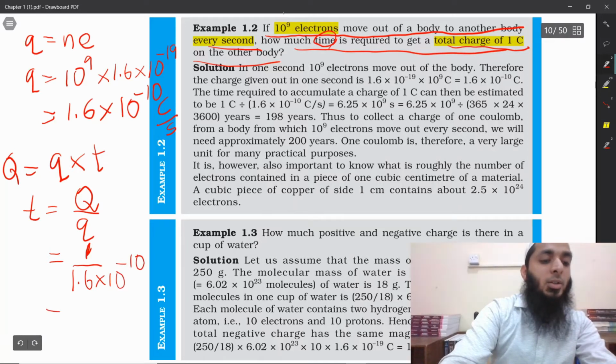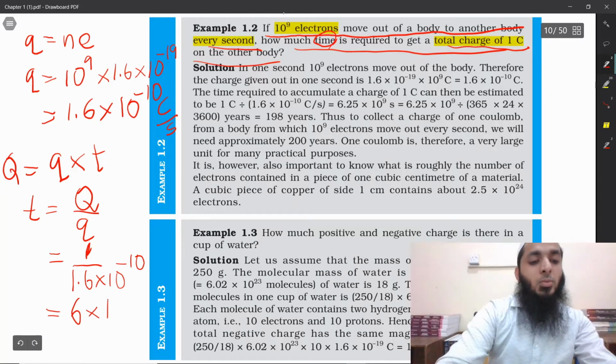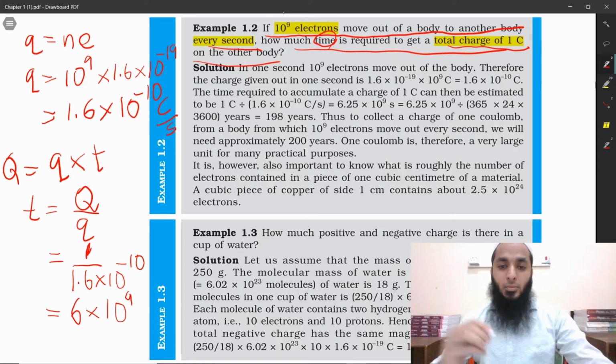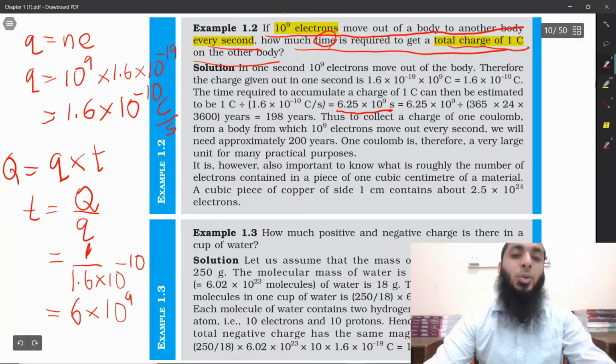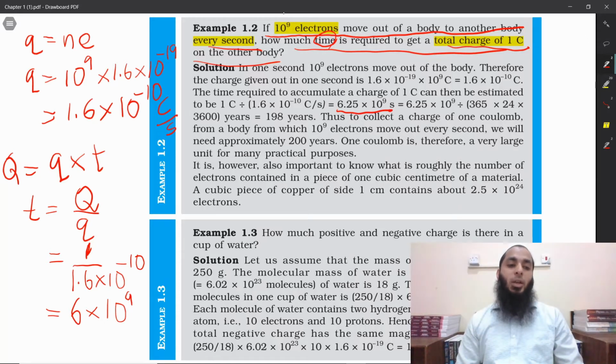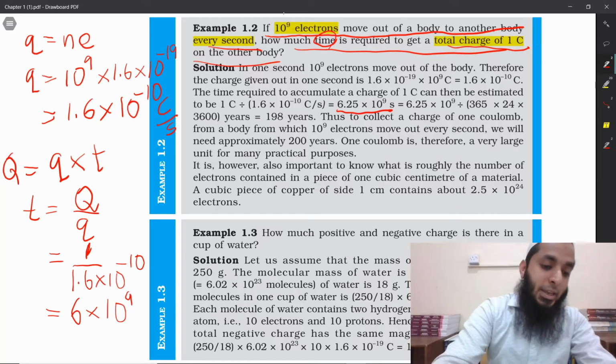If you calculate this, it comes out to be approximately 6.25 into 10 raised to 9, and that's the time in seconds.